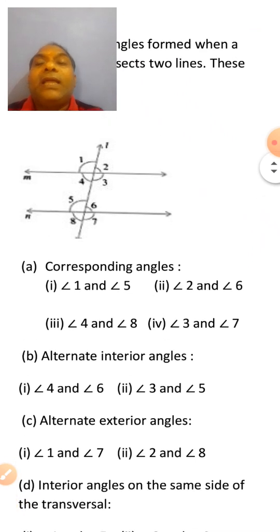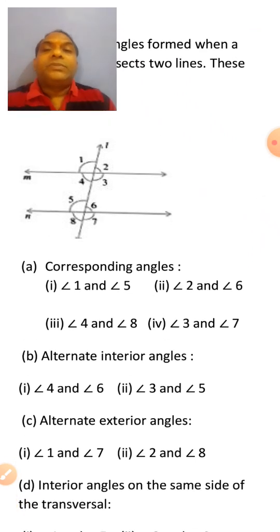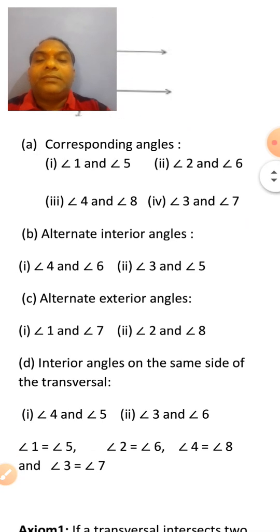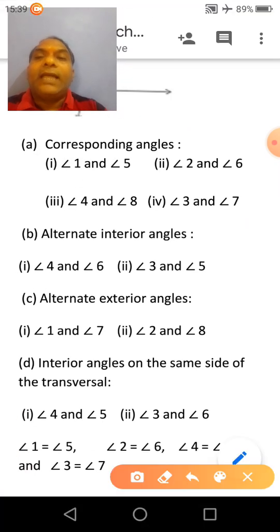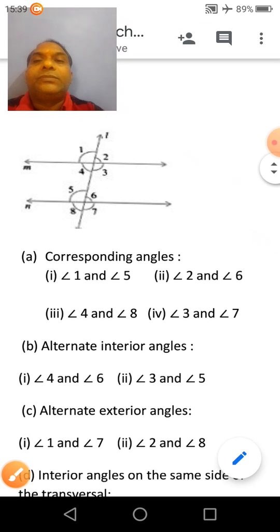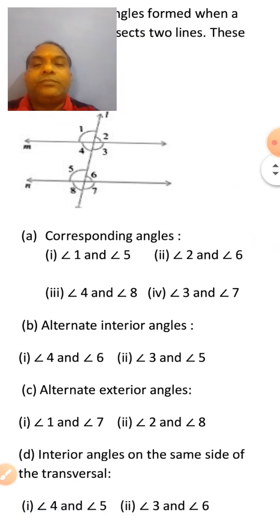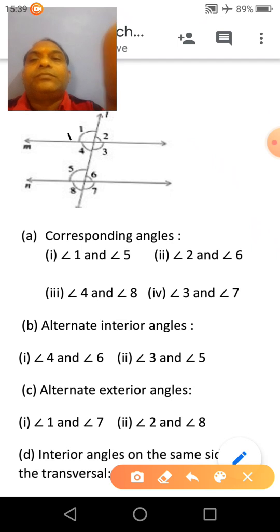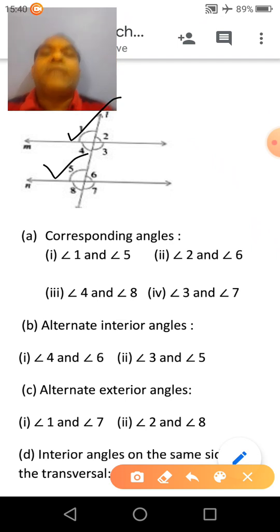Now, corresponding angles will be equal. Alternate interior angles will be equal. So you can write angle 1 is equal to angle 5, corresponding angles. Clear? Angle 2 is equal to angle 6.